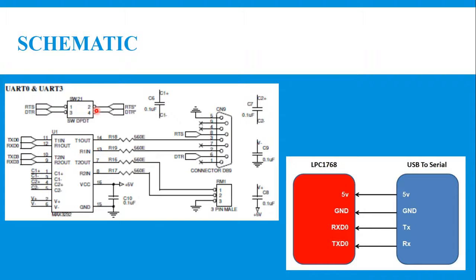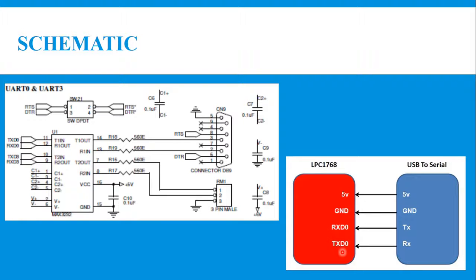If the switch is moved to RTS and DTR, then it works as a UART, Universal Asynchronous Receiver Transmitter. Now you can have a gentle block diagram like this. The USB to UART is always connected like this: transmit to receive, receive to transmit.